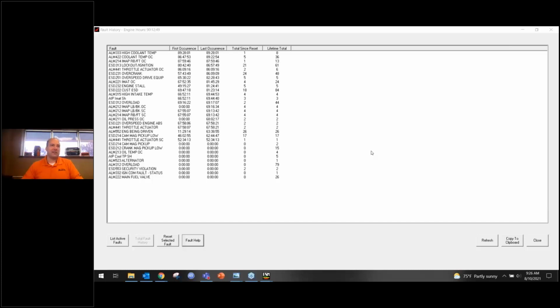Well, now what's the effect? Now my air temperature has gotten so high that my risk of detonation has kind of gone through the roof. Well, guess what happens then? Engine starts detonating, doing what it's supposed to do, and the detonation sensors are now trying to bring it back.